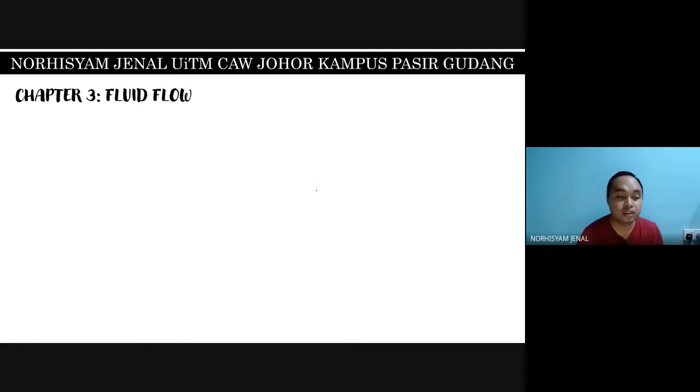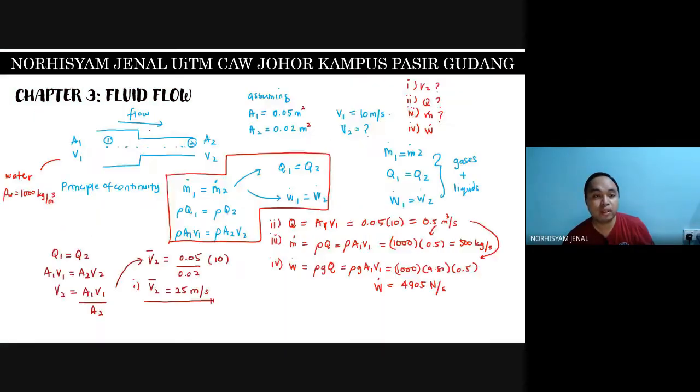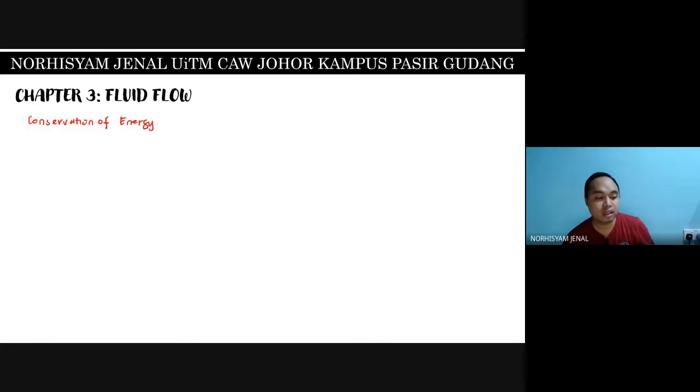Okay, so the next conservation is called conservation of energy. If you get back to the first page just now, conservation of energy is based on the first law of thermodynamics. What it means over here is the energy cannot be destroyed.